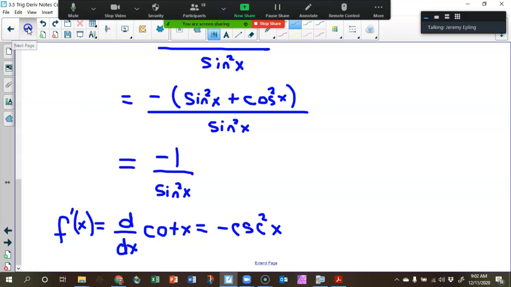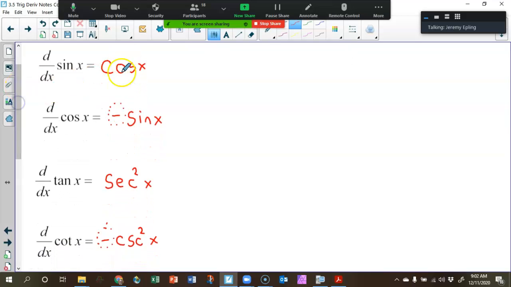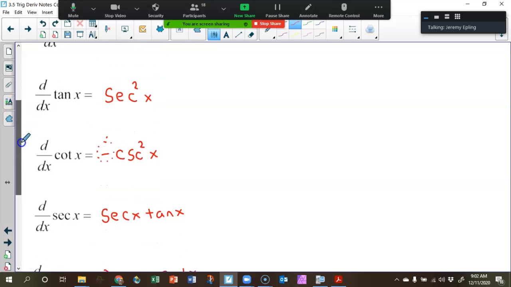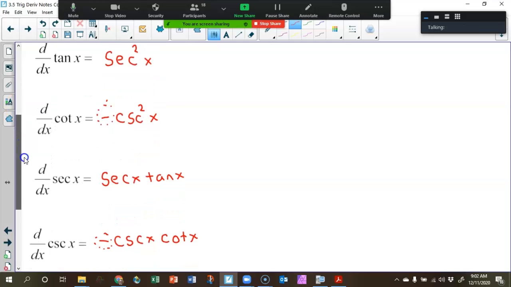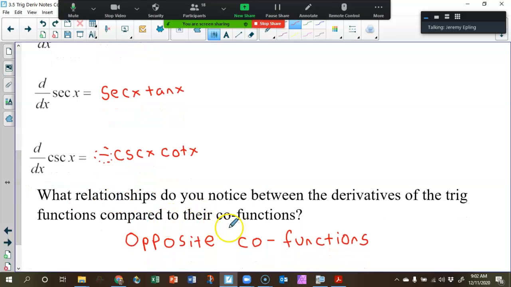Now, you actually had all of those answers from what we talked about yesterday, right? And we looked at yesterday all of the co-functions. This relationship means I really only need to know 3 of these derivative shortcut rules: the derivative of sine, the derivative of tangent, and the derivative of secant. Because for those co-functions, their derivatives are the opposite co-functions.